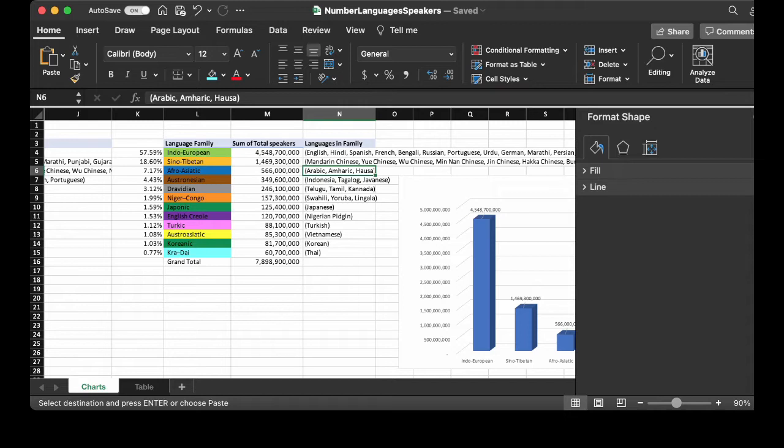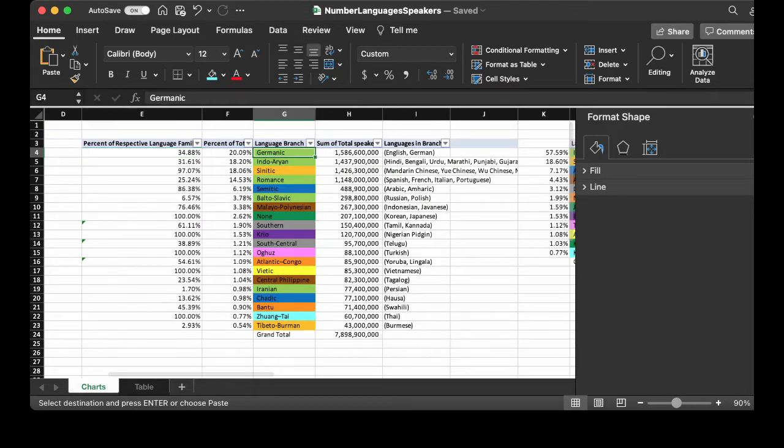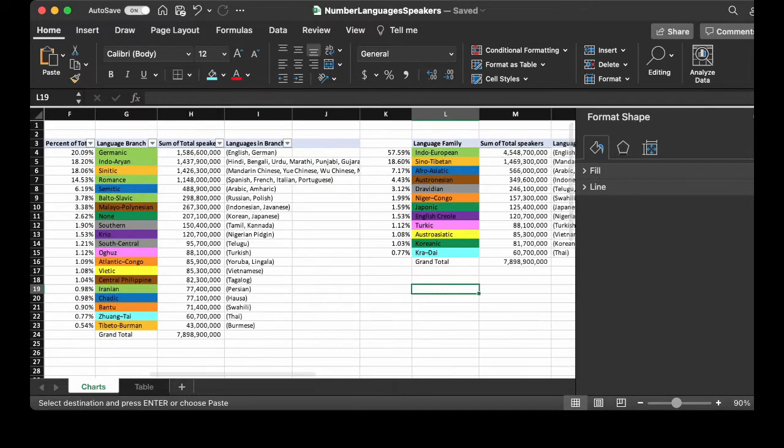So for example, the language family Indo-European, you can have branches such as Germanic, Indo-Aryan, Romance, Balto-Slavic, and Iranian. All of those language branches fit into the Indo-European language family.